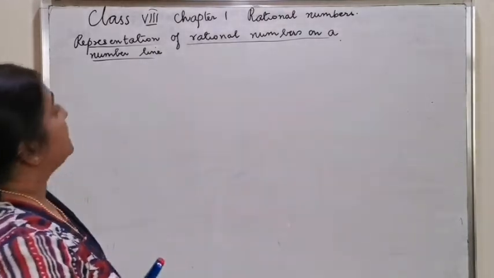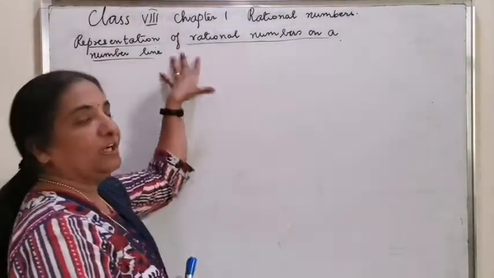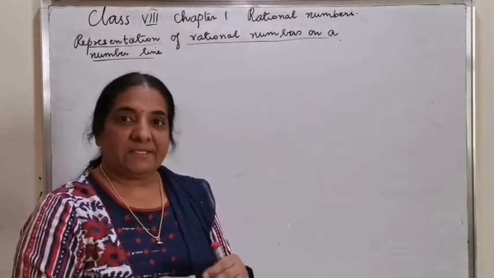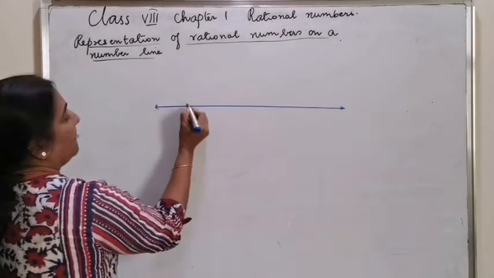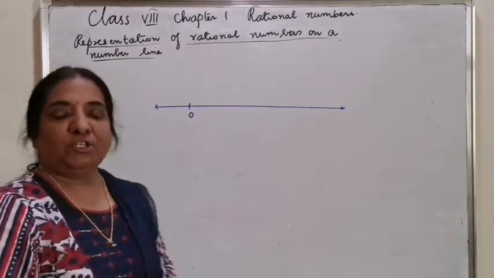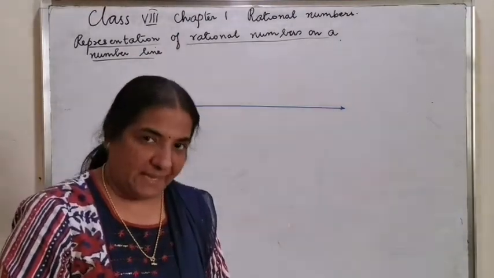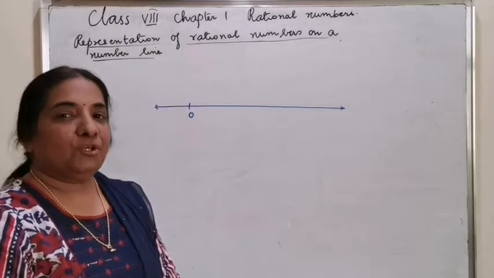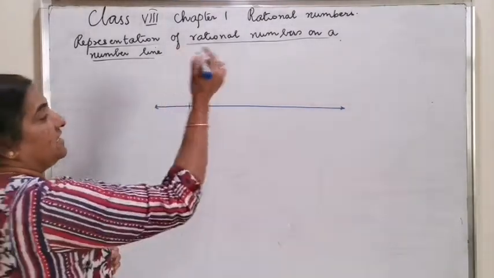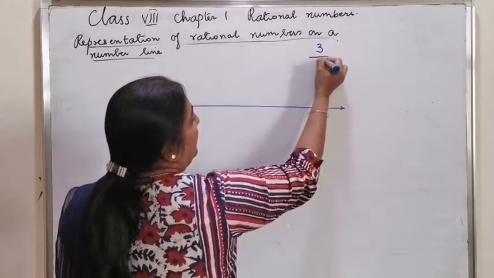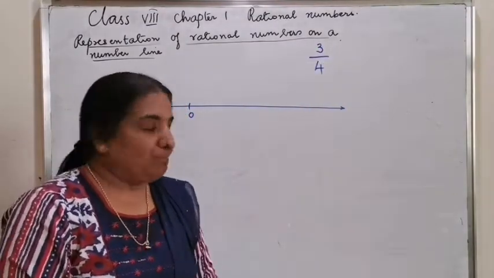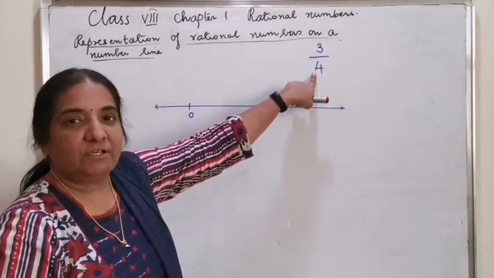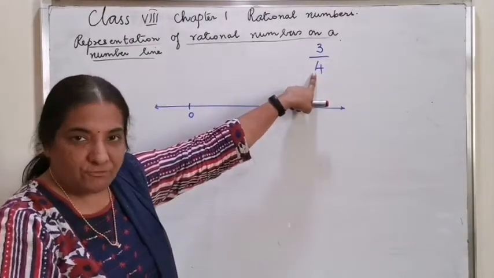Now, representation of rational numbers on a number line. As you have seen, on a number line, you always plot the number 0, and if you have to plot a rational number 3/4 on a number line, the denominator of the rational number is 4.